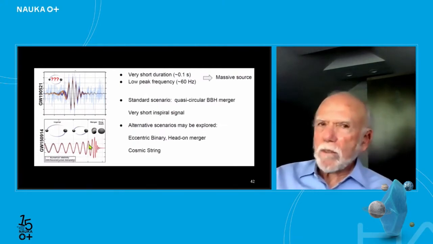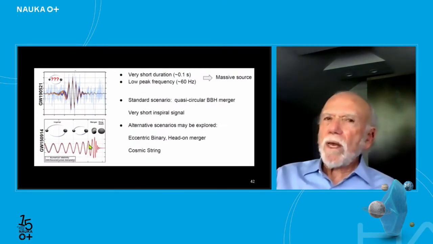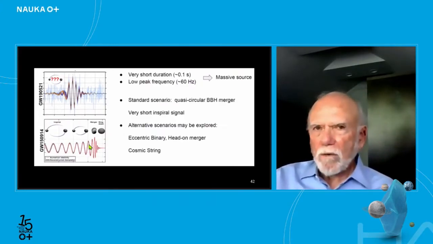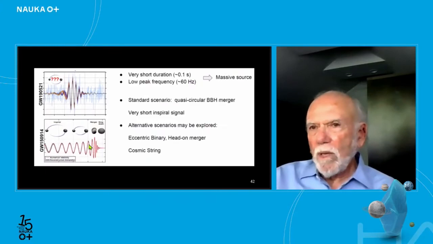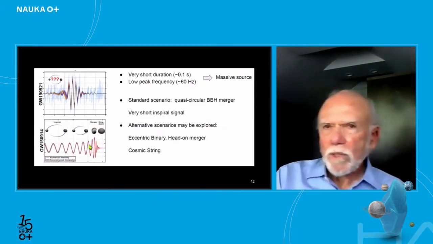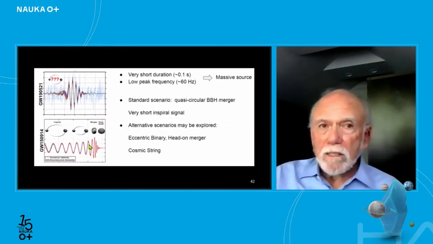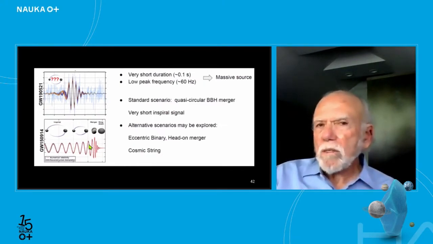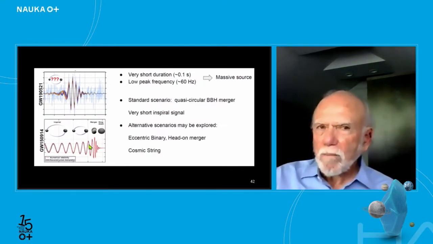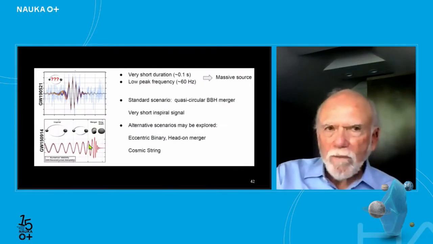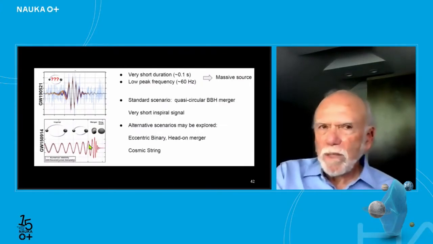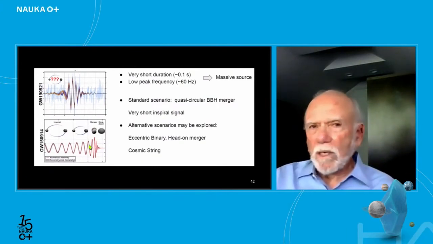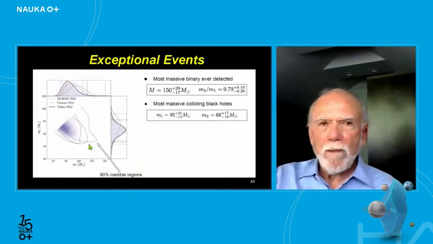We don't know that it's a black hole merger. It's so heavy that it doesn't fit the pictures we would have. It's what we call an intermediate mass black hole. There's supermassive black holes that are at the center of galaxies, but this is an intermediate mass black hole. And so these events, which we now call exceptional, this one very heavy, ones that are somehow between neutron stars and black holes, are what we're concentrating on at the moment.